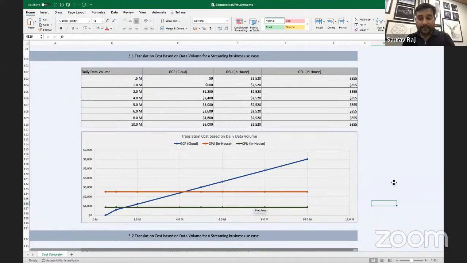Yeah. So again, to summarize, when the data volume is on the higher side, it's okay to consider building the solution in-house. But still, there is one factor that we haven't incorporated yet. It's the development cost. We saw initially that it took almost $60,000 for us to build the solution in-house.